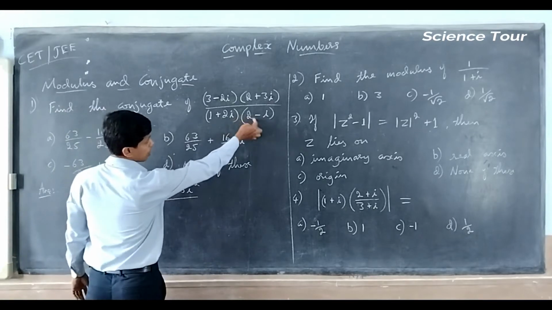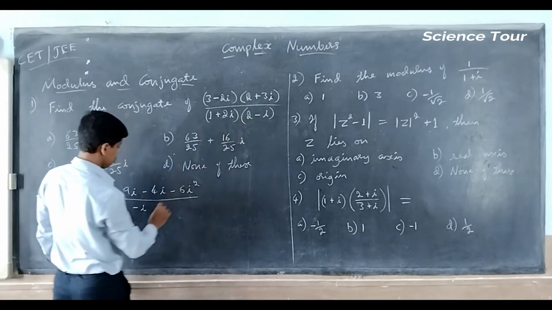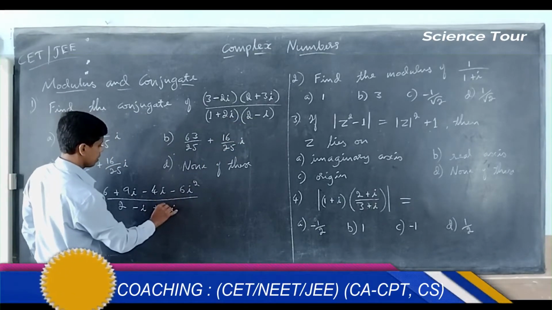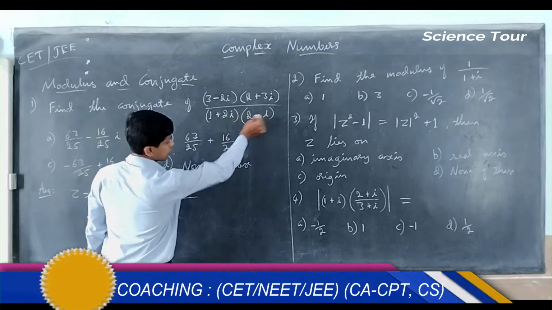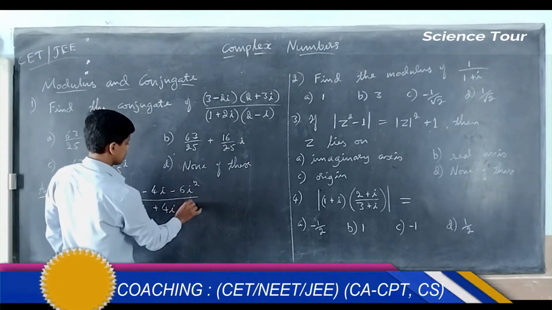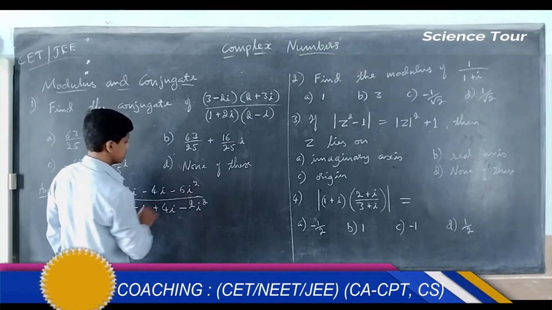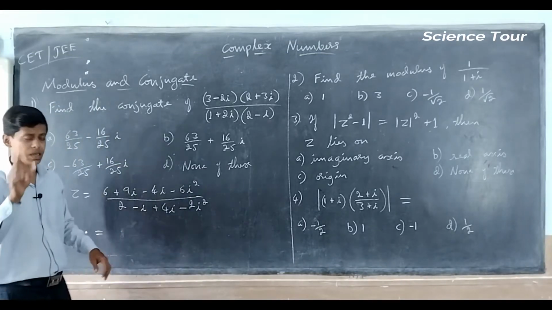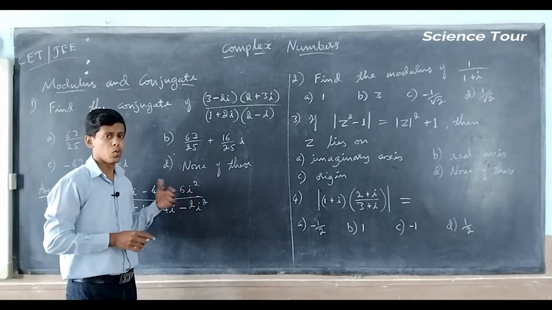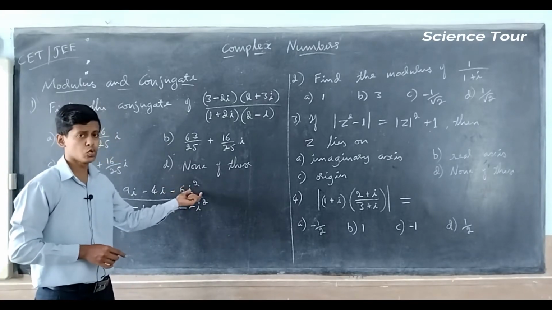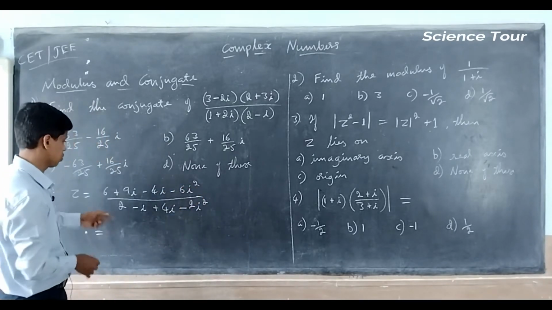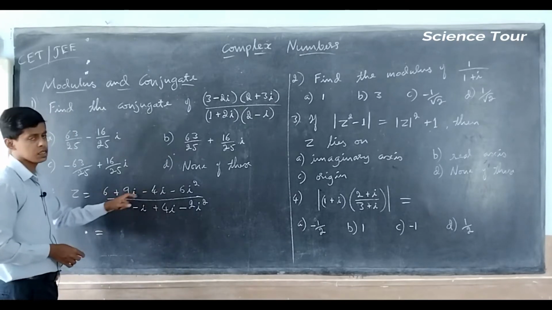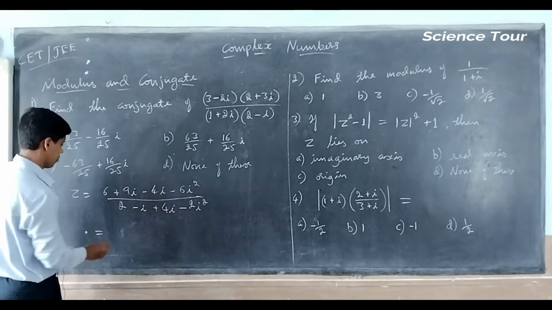Now multiply 2i for both. 2i into 2, so that is 4i, and then 2i into minus i, that is minus 2i square. Let me replace i square. What is the value of i square here? Minus 1. So let us write minus 1 there, and these things can be simplified.